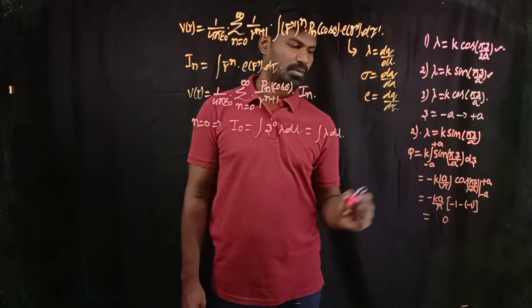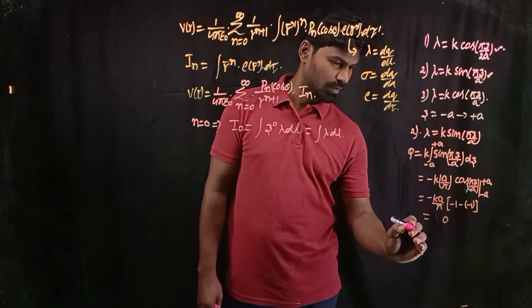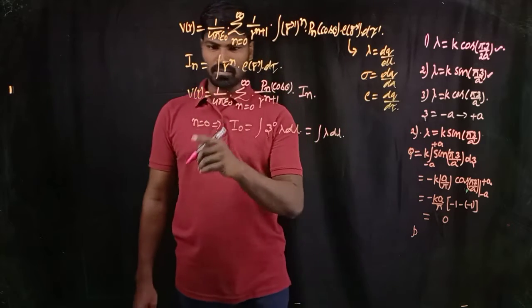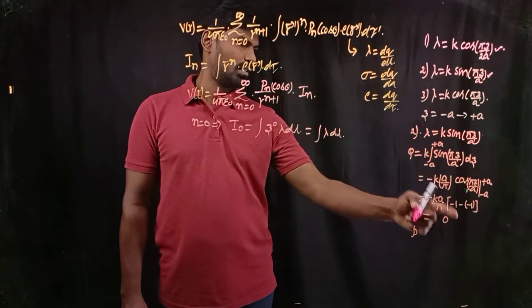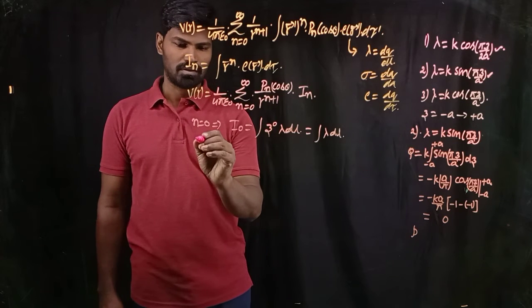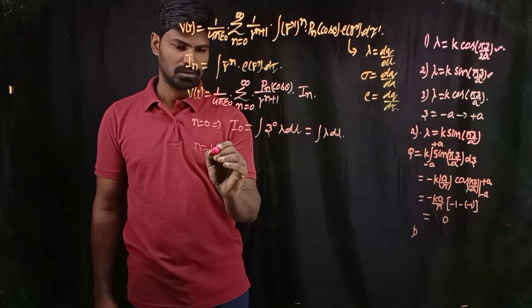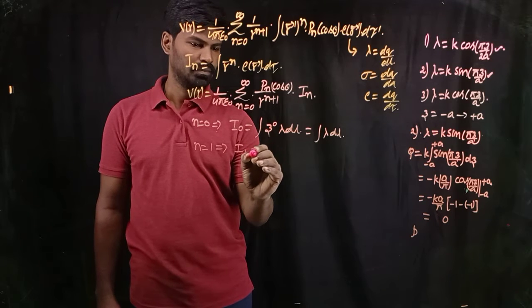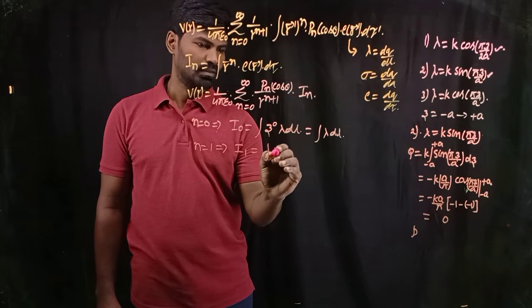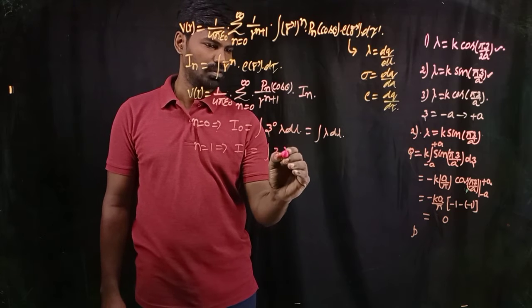Then I will go for the dipole contribution. Here n is equal to 0 is not contributing anything. Now I will go for n is equal to 1. When n is equal to 1, I1 is the integral over z to the power 1, that is z into lambda.